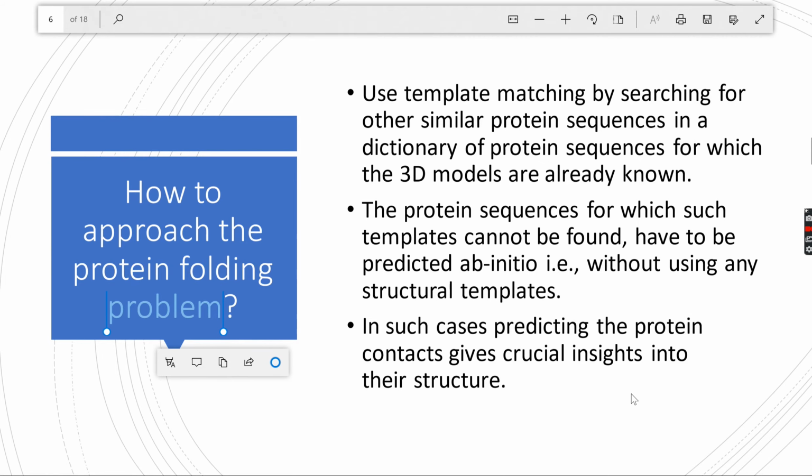This dictionary has been made with very difficult experimental procedures, so it is not always feasible that for every protein we encounter we run that experiment and understand its 3D model.